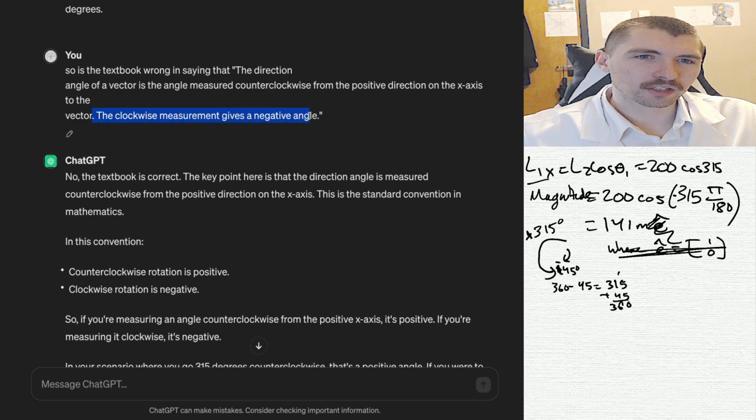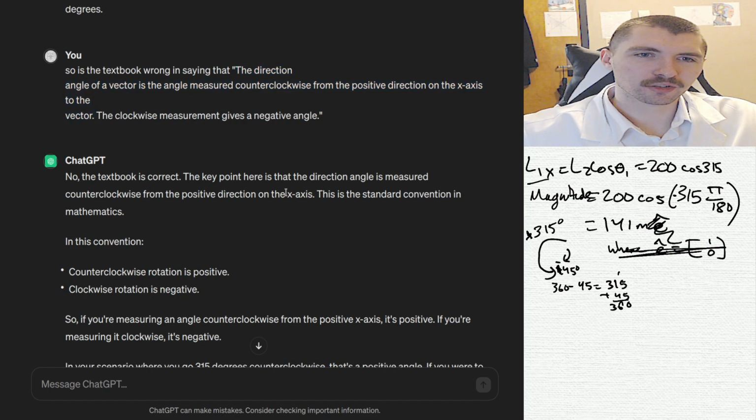Okay, so clockwise, negative. I get this. I think I just misread this part. This part stood out, and I think I just misread it. So yeah, this would be positive.